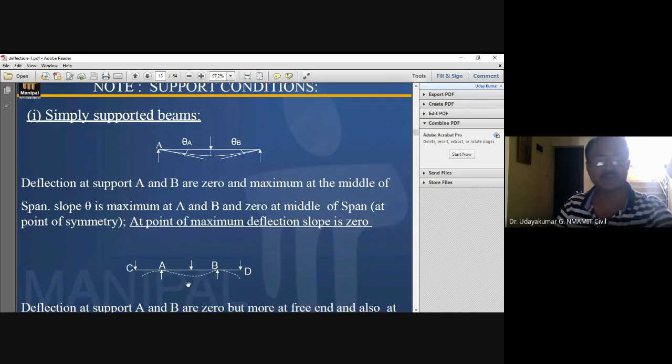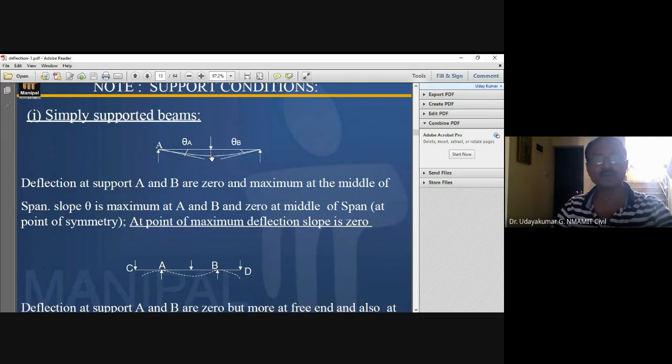Similarly for overhanging beams, the deflection is 0 at the support, and the slope is maximum at the free end. So deflections at supports A and B are 0, and deflection is maximum at the center, where the slope is 0.